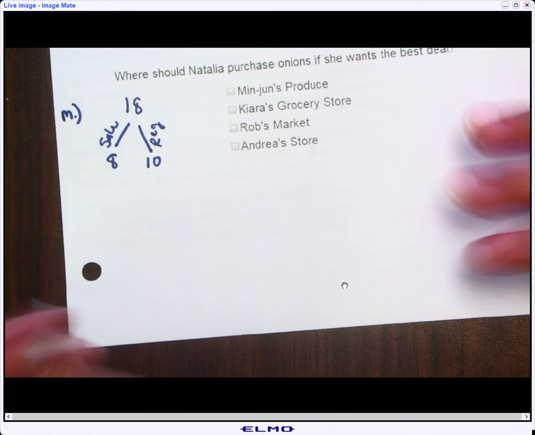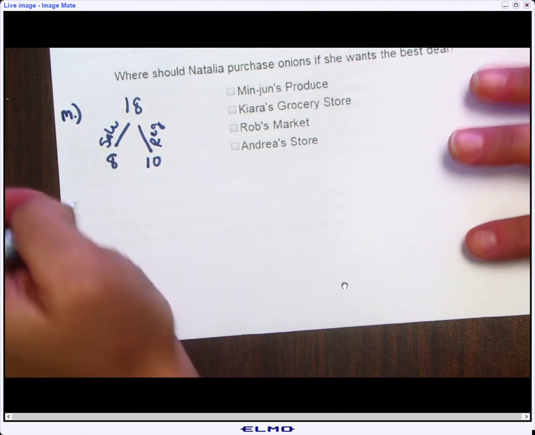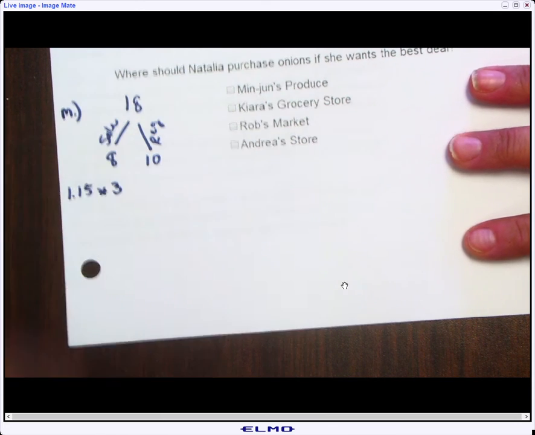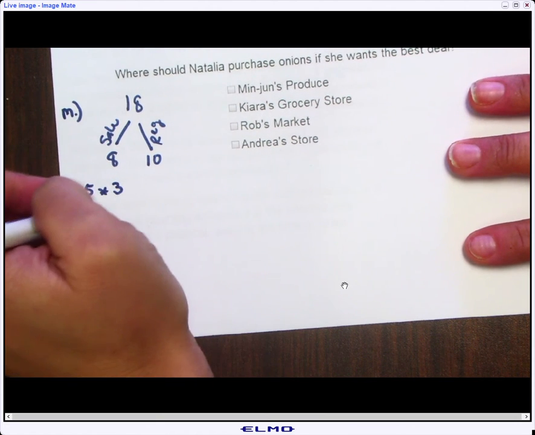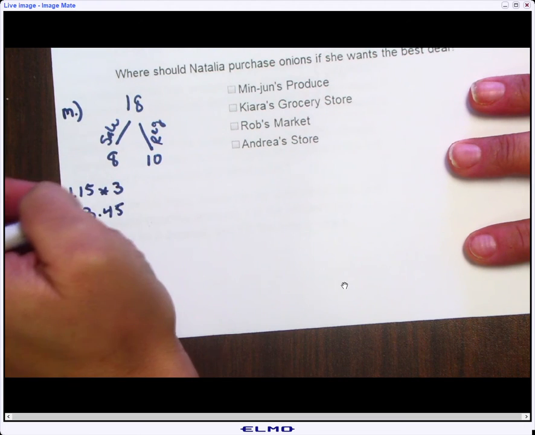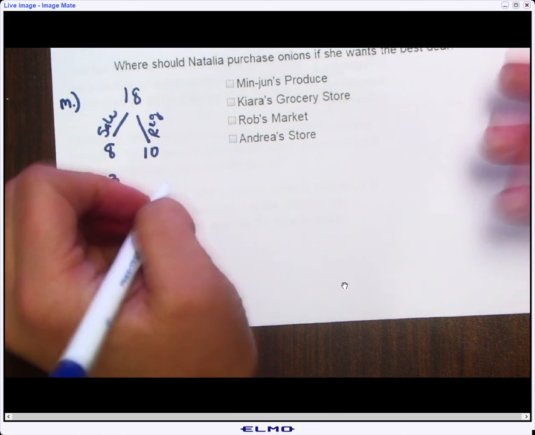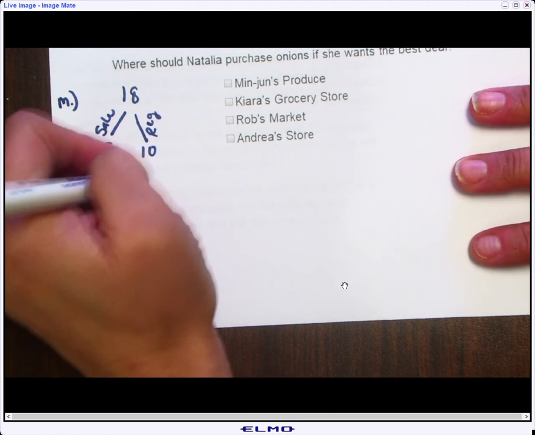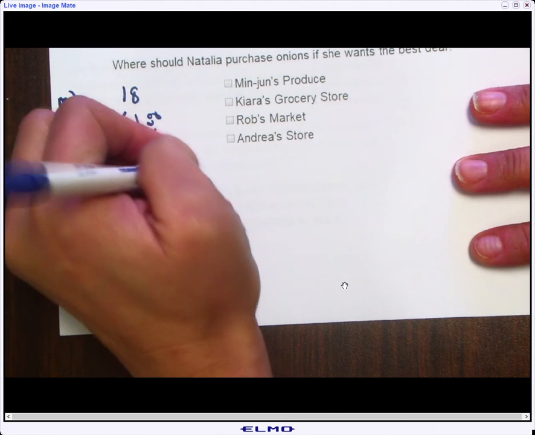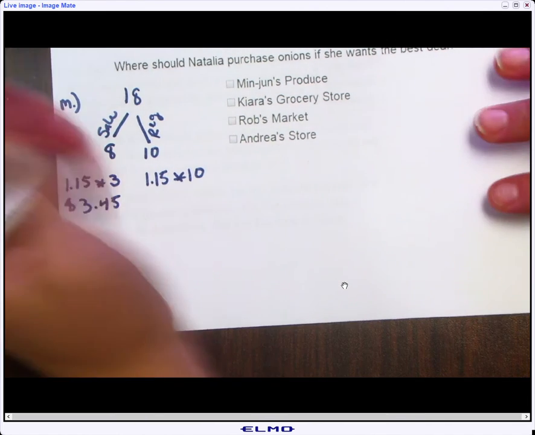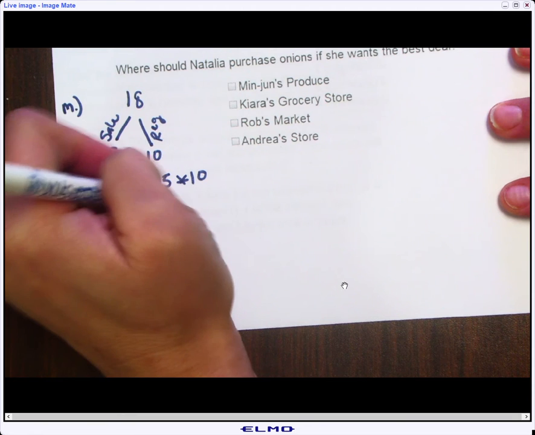So it's 8 for the price of 3. So I'm going to take $1.15, the cost of an onion, times 3. That's $3.45. That's what this first group of onions are going to cost. And then the other 10 I need, $1.15 times 10, because they're the regular price. They're not on any kind of sale. And that's $11.50.